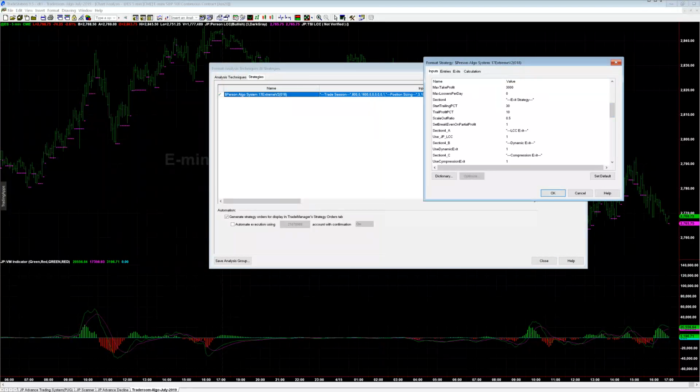One of the things that we added was this function where it says set break even on partial position. So let's say, for example, you're scaling out, scale out ratio, and it got out. What does it do with the balance of that position?